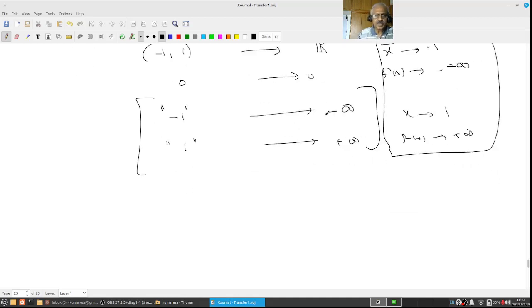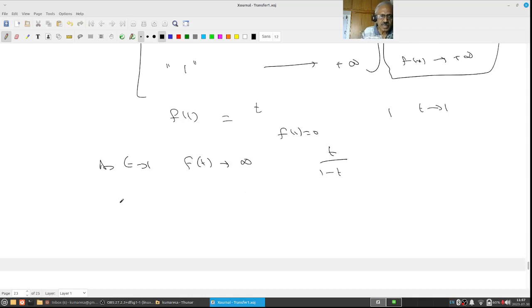How do I construct such a map? I want 0 to go to 0, therefore t going to t. Suppose I define f of t, then f of 0 will be 0. But as t goes to 1, I want f of t to go to infinity. Since t goes to 1, what do I do? t by 1 minus t.